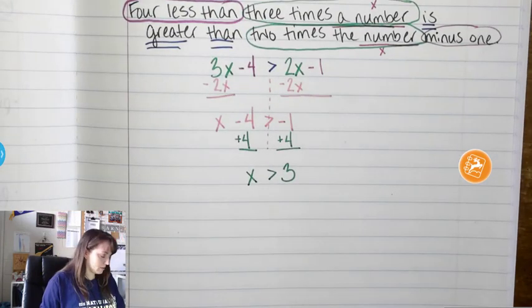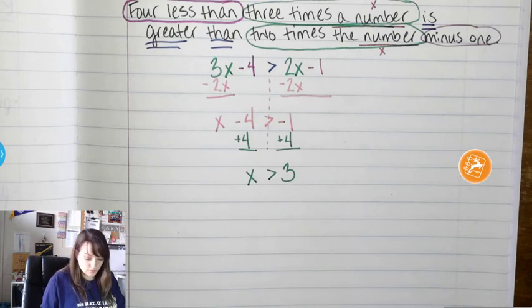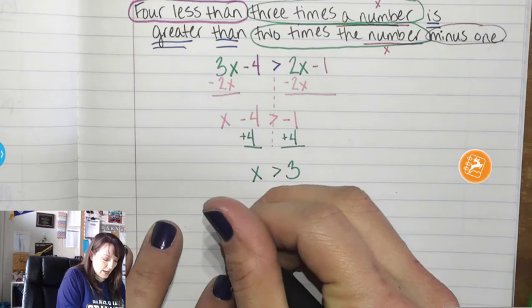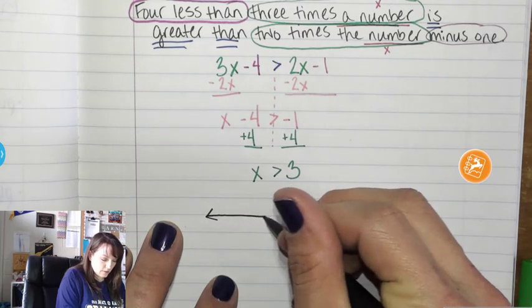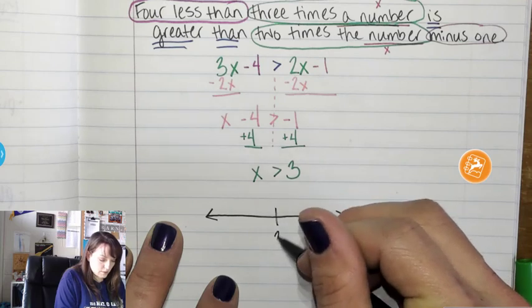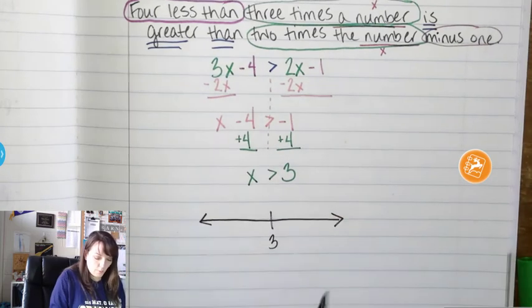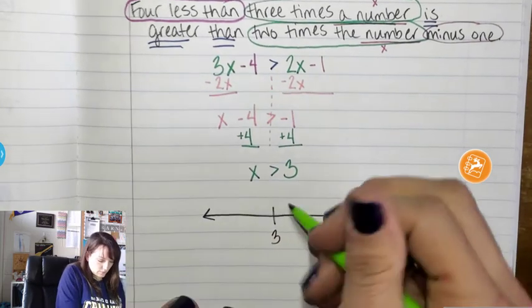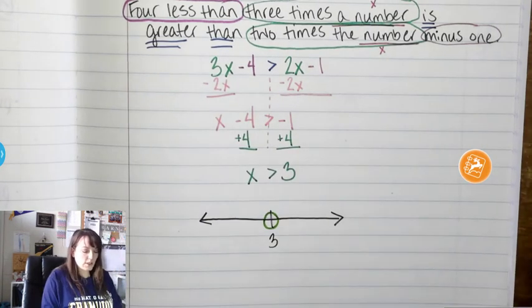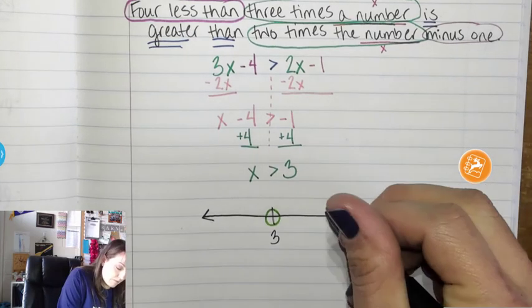Can it be 3? No. So on a number line, what kind of dot do I put on 3? Open circle. So this is open circle. What is one number bigger than 3? 4.